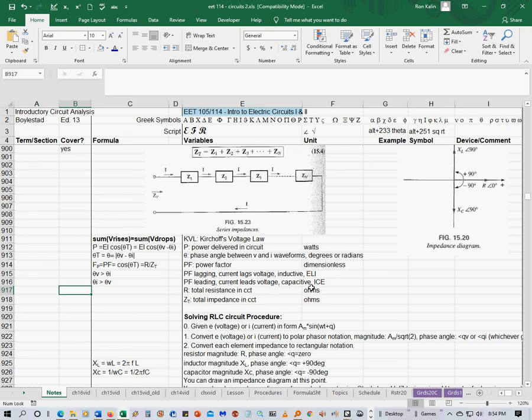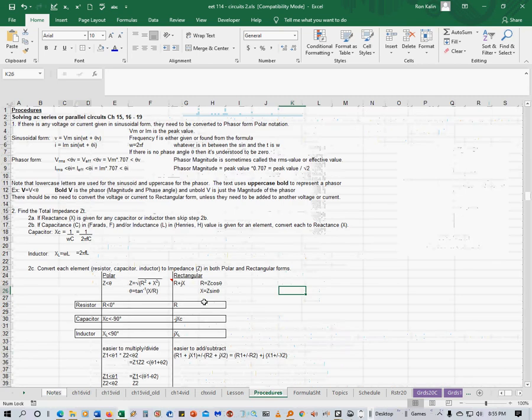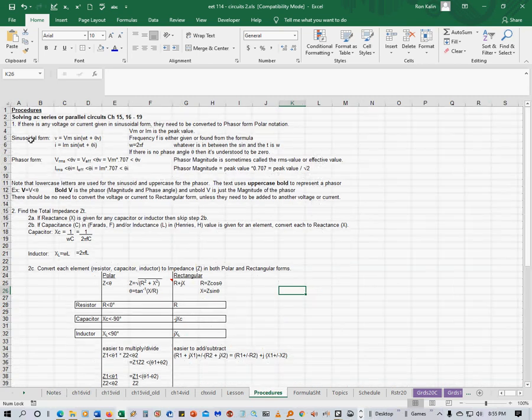It's capacitive, and remember ICE, that the current is before the voltage. So the current is leading the voltage with the capacitor C, and the current lags the voltage, it's after it, with an inductor L.